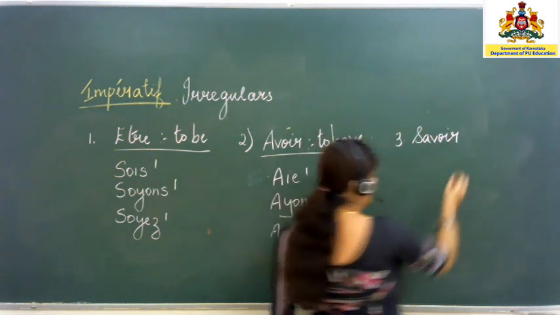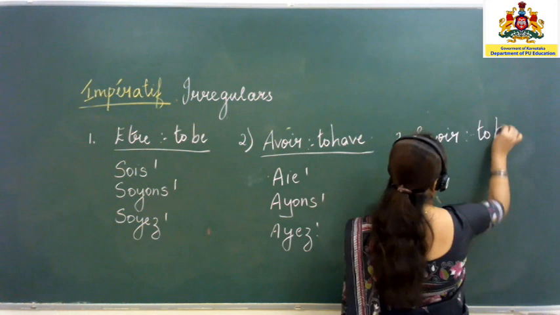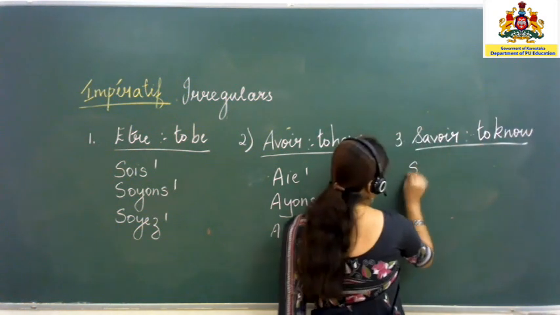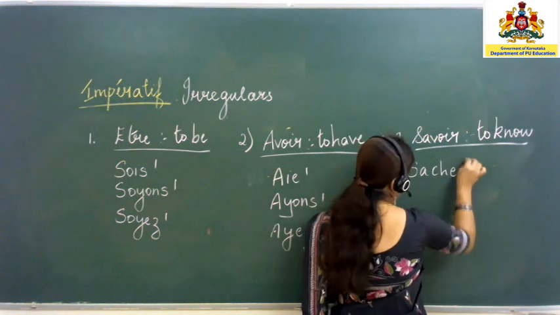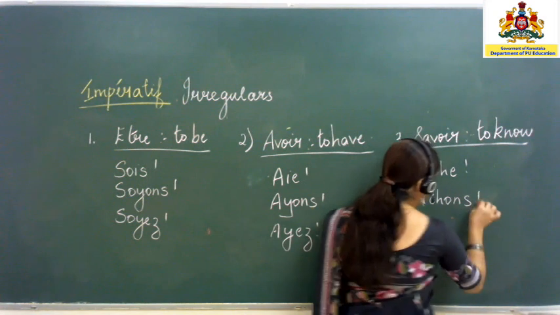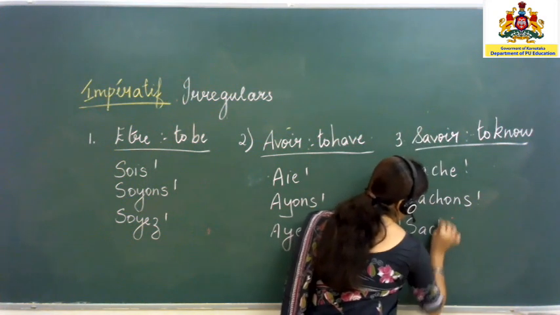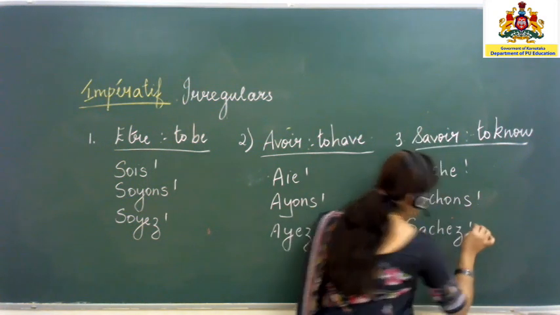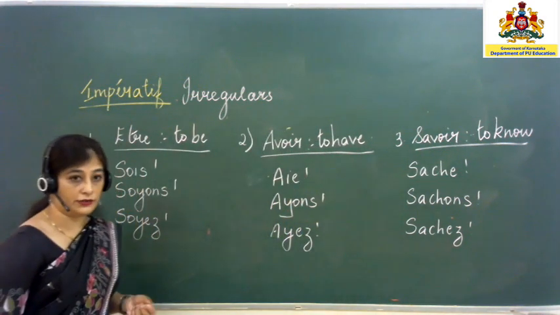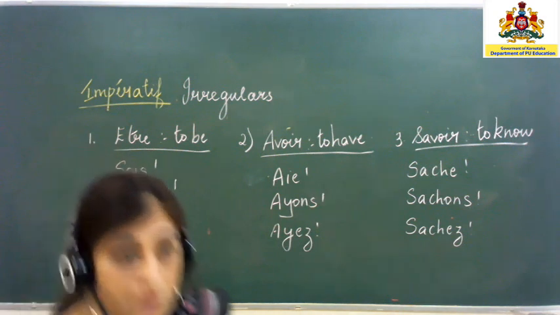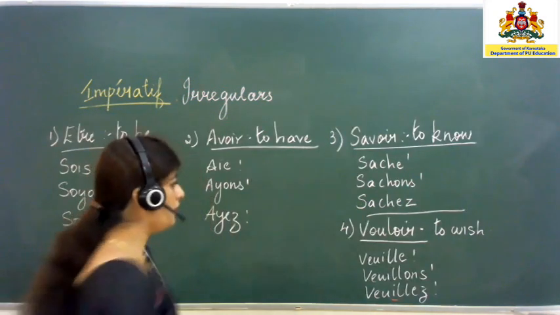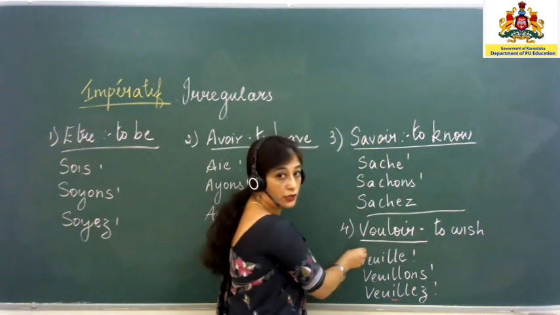The third irregular is going to be savoir. Savoir means to know. It is sache, sachons, sachez. And the fourth irregular is vouloir, to wish.